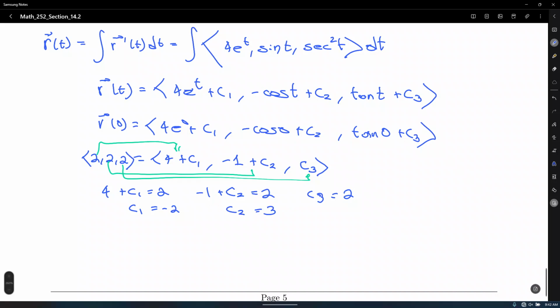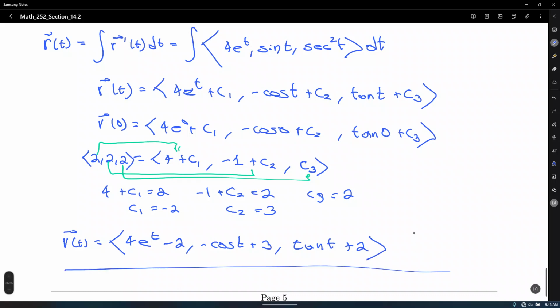So now we need to go back to r of t. r of t equals the antiderivatives: 4e to the t plus c1, which is negative 2, and what else? What's next? Negative cosine t plus c2, which equals 3, and c3, that is tangent t plus c3, which is simply 2.